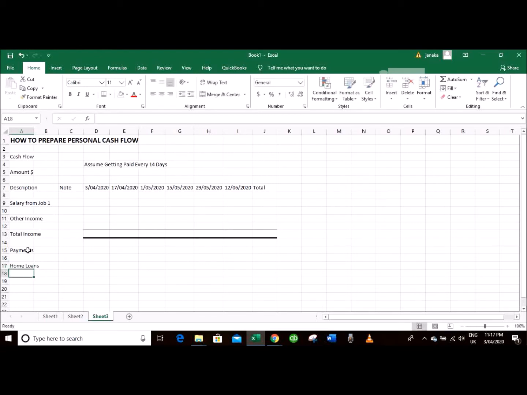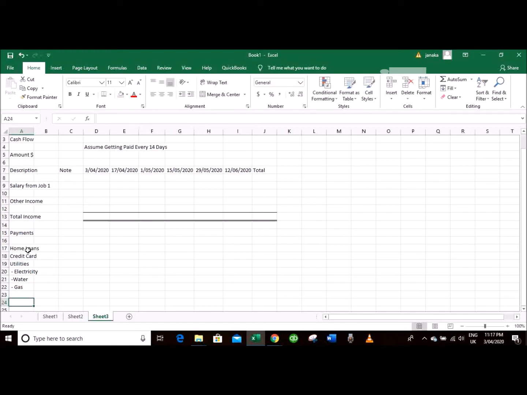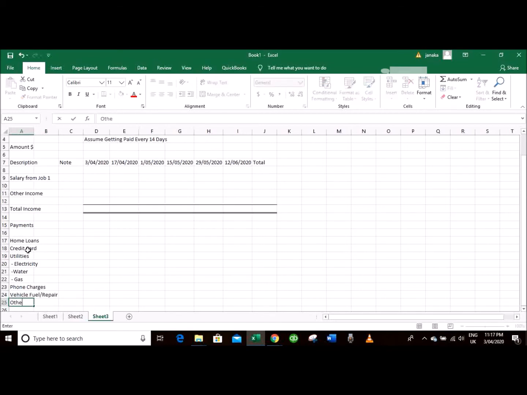Home loans, credit card, and the utilities. I'm going to type electricity, water, gas, phone charges, vehicle fuel, and repair and other expenses.